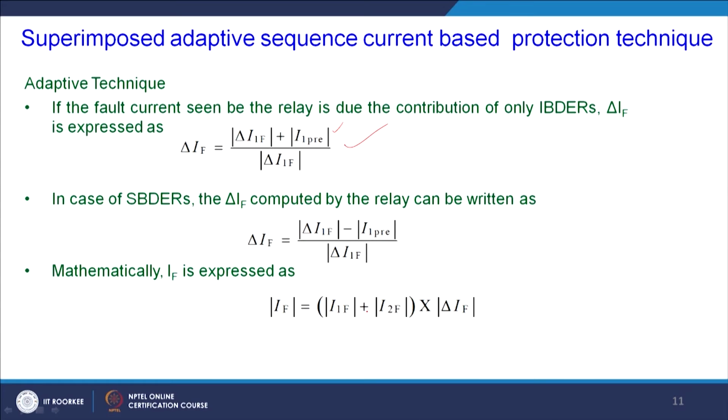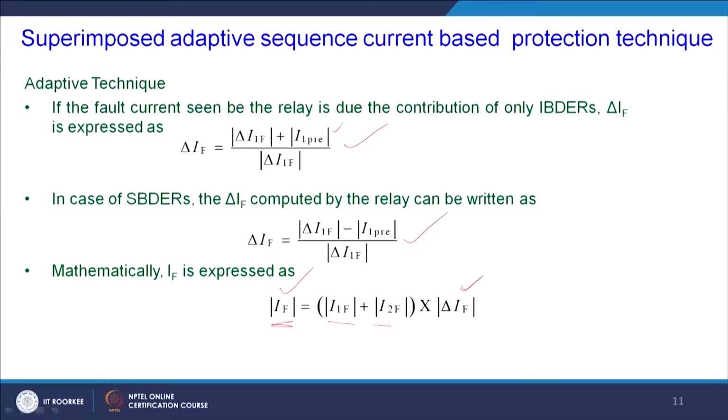After getting this impact factor, the finally modified fault current, see this is important, this IF is a modified fault current which is the summation of delta I1F and delta I2F, the positive sequence fault current and negative sequence fault current, multiplied by this impact factor. So, that will be my corresponding modified fault current, right. That IF will provide me proper coordination between the primary and backup overcurrent relays.